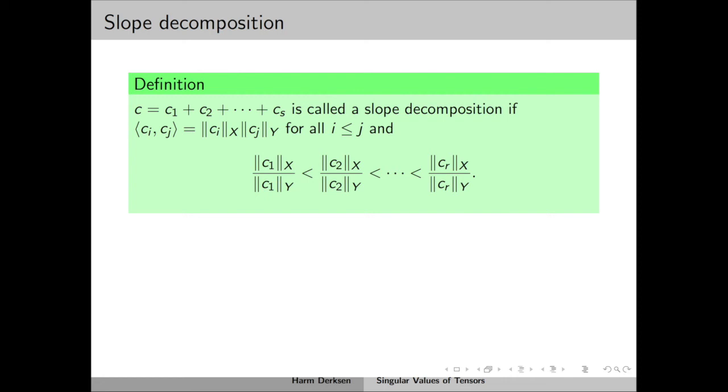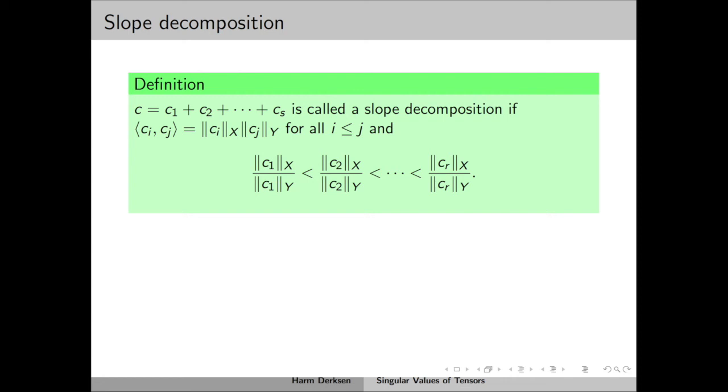There are some special decompositions. So if you have a vector that's tied in this context, which could be a tensor if you work in the context of tensors, but in this general context, there's some kind of decomposition that's somewhat similar to a singular value decomposition, and I call it the slope decomposition.